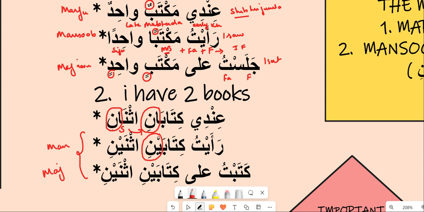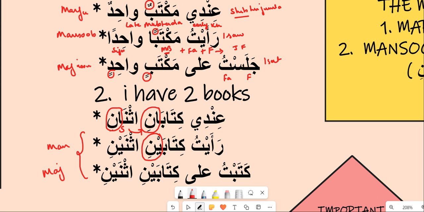And that ya is also with sukoon. Don't forget, this ya is with sukoon. When this ya comes with a haraka, it is a normal letter. When the ya comes without any haraka over it, know that the ya is a long vowel. So here the ya is coming as a normal letter with a sukoon.